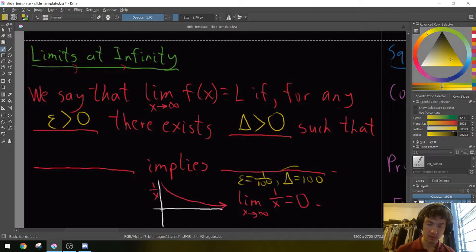Because when x is bigger than 100, 1 over x is smaller than epsilon, which is 1/100th. We're creating a definition so that when x is larger than some lower bound, the function is sufficiently close to the target value L.